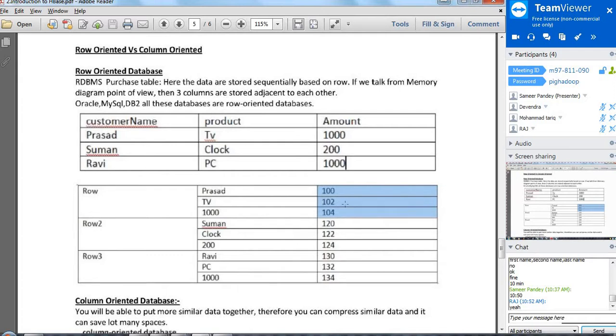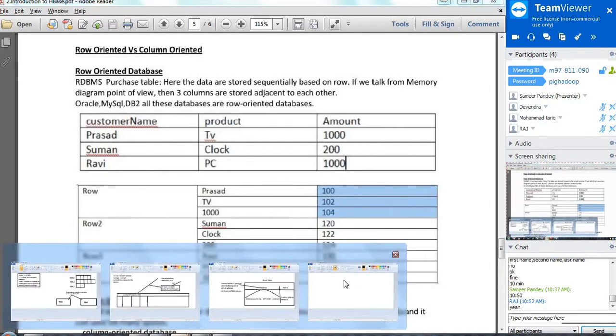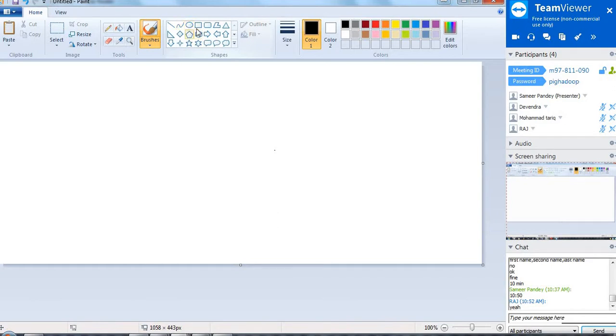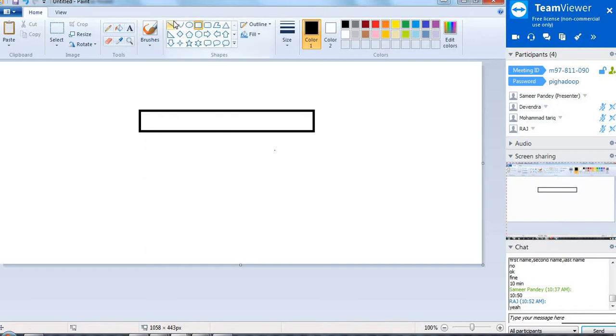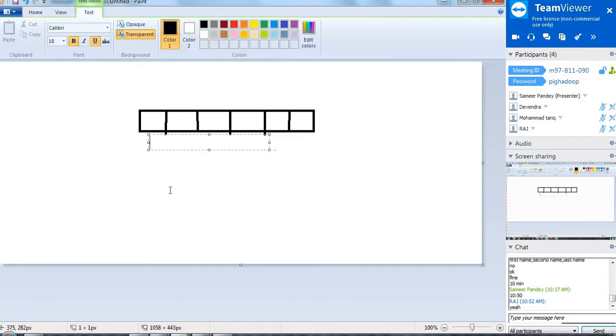If you have learned very basic C, this is how a C trainer usually teaches arrays, and how memory gets stored in C. Suppose this is your array, and these are the blocks you have in the array.